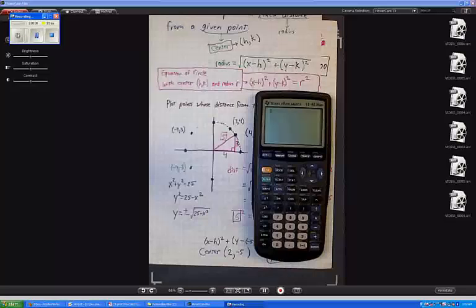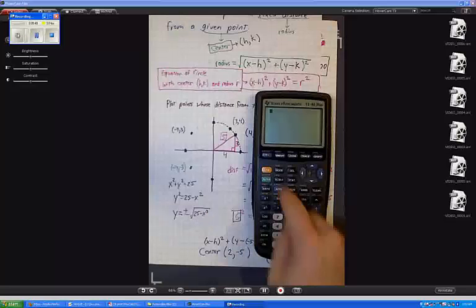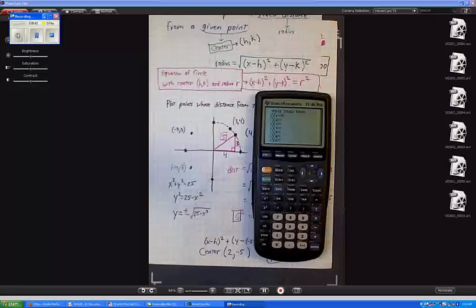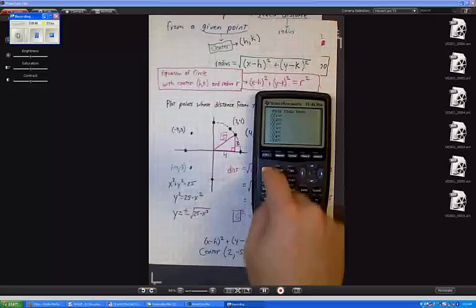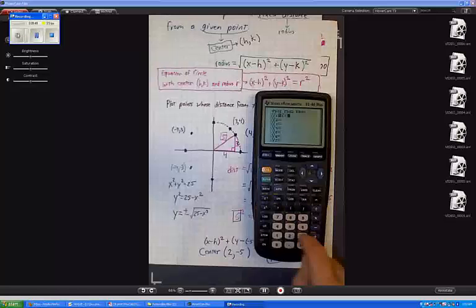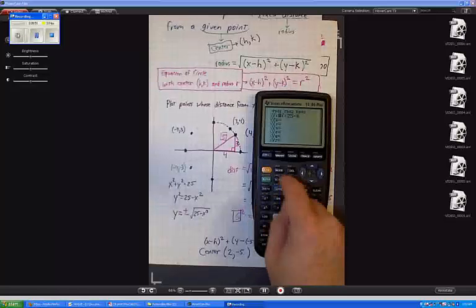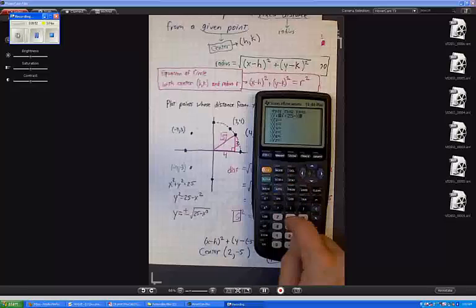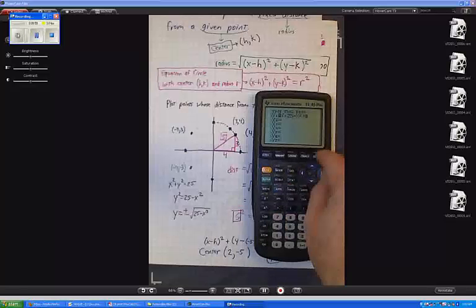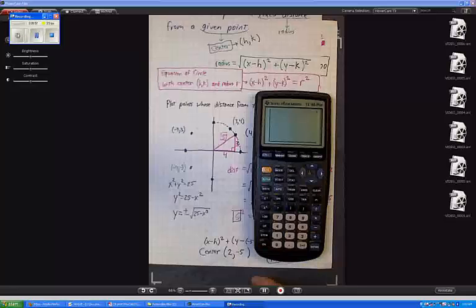See, then how do you graph it in the calculator? Well, if I go to the y equals screen, I don't have a plus or minus key. I do have a square root. 25 minus x squared. I could graph that. But if I graph that, oh, the window's bad. Sorry, guys. Let me hit zoom standard. It's only going to graph, what's that? Half the circle.